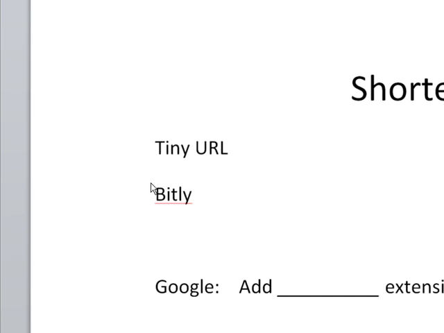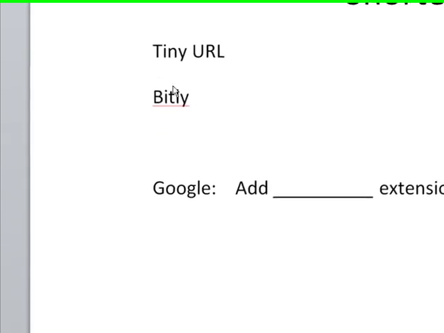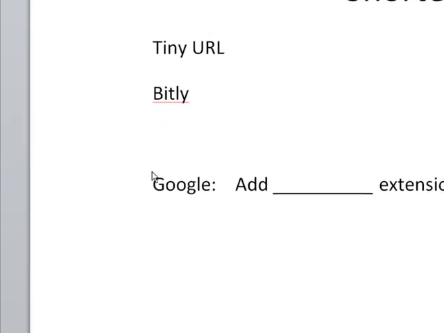So how do you get one of these programs to work for you, to shorten the web addresses that you have and you might want to send to someone else? Well, you go to Google search. Google is your friend.